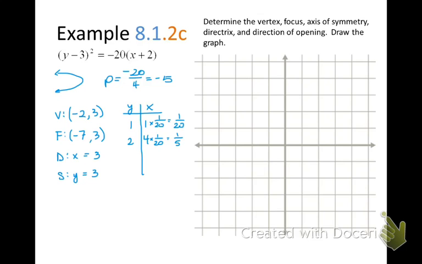The other thing that I have to watch is that I'm going to have to scale my axes because I have to get to negative 7 and this graph doesn't. So I'm going to go by 2's on both axes. Okay, so I'm going by negative 2 here, 2 here. So when I'm plotting this vertex, my vertex is at negative 2, 3, which will be about right here.